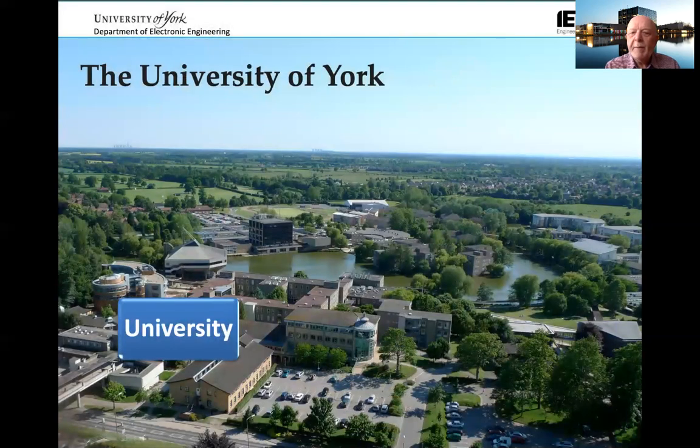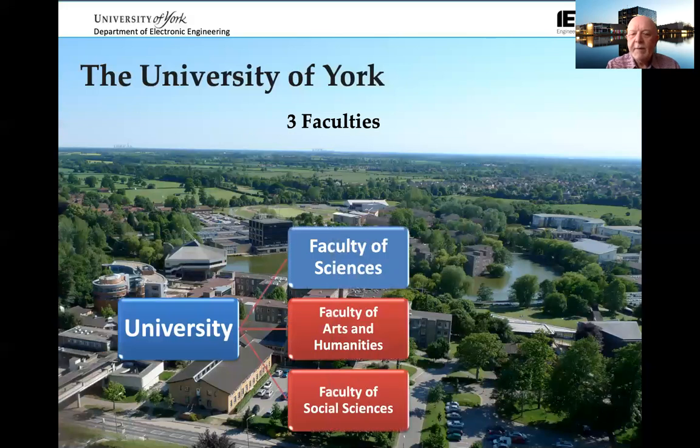So let me tell you a little bit about the structure of departments at York. So within the university, there are 3 faculties. So the Faculty of Social Sciences, Faculty of Arts and Humanities, and Faculty of Sciences. So quite a typical overall structuring of faculties across the university.